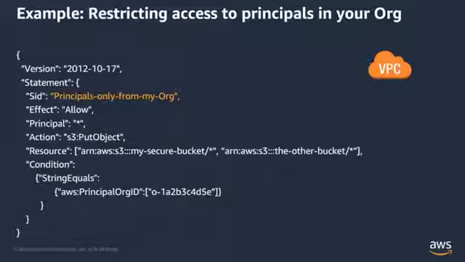So we're going to allow actions to these two buckets. So we're going to allow put to these two buckets, but we have our condition of StringEquals aws:PrincipalOrgID o-1a2b3c4d5e. So anyone who is in our org will be allowed to put objects to these two buckets.